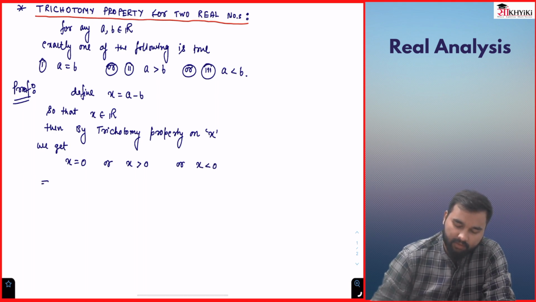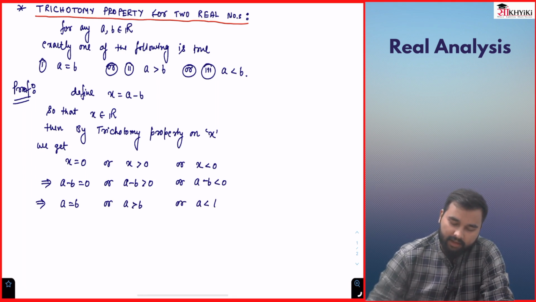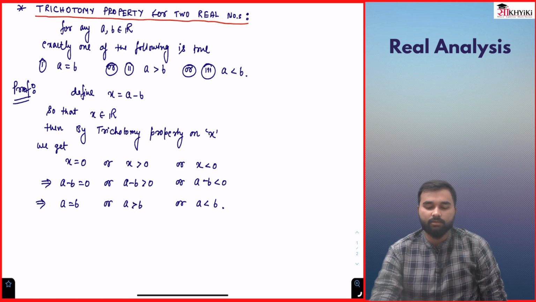Here x is a minus b, so either a minus b equals 0, or a minus b is greater than 0, or a minus b is less than 0. So from here, a equals b, or a is greater than b, or a is less than b. I hope it is clear. So this is trichotomy for two real numbers.